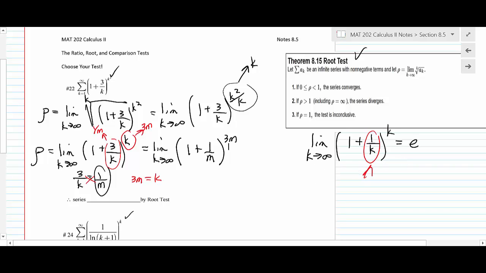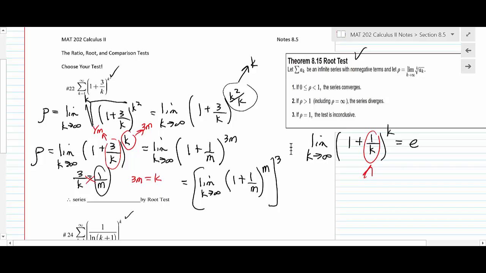And I can write this as the limit of (1 plus 1 over m) to the m power, and then the whole thing to the third.